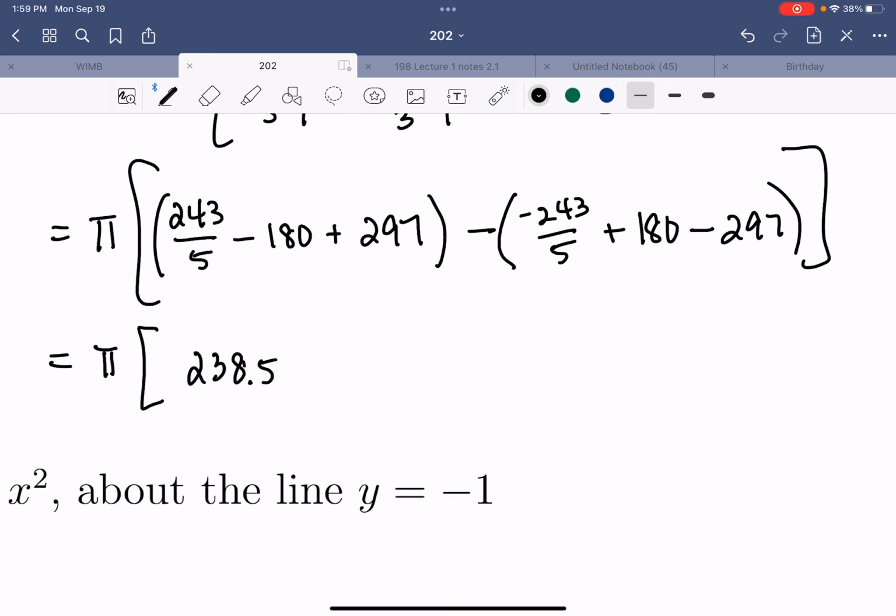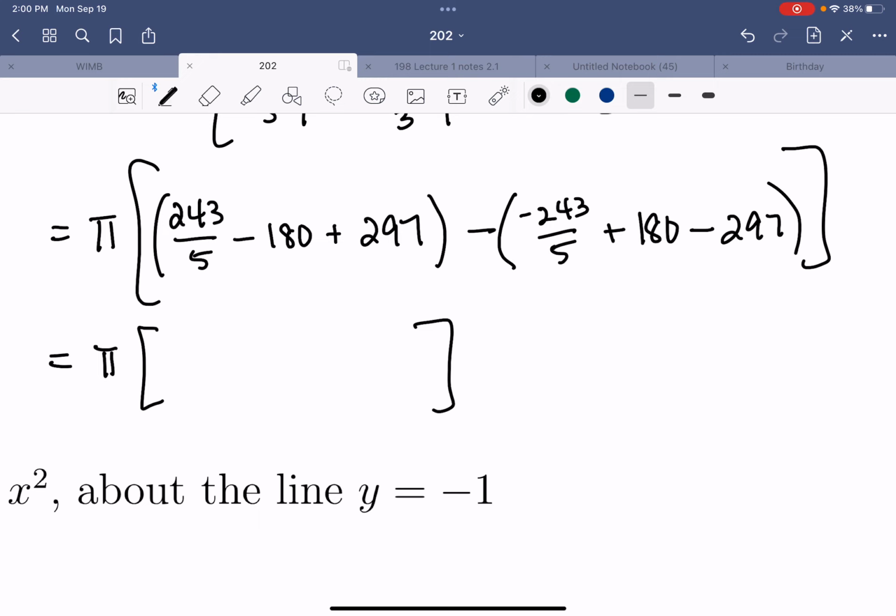Distribute your negative, and you get exactly the same thing back. Wait, hold on a second. Scratch that: 243 over 5 minus 180 plus 297. See, this is why we all get different answers. It's the calculating part of things.